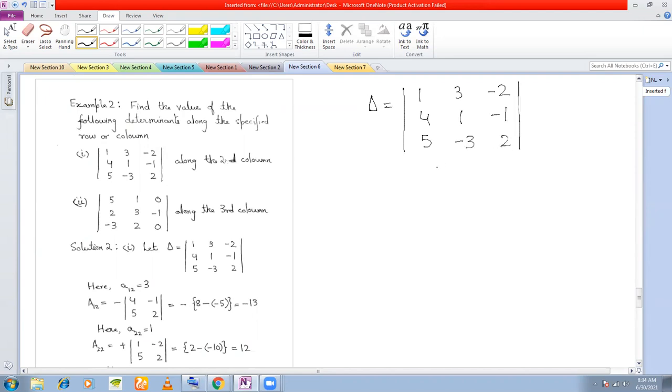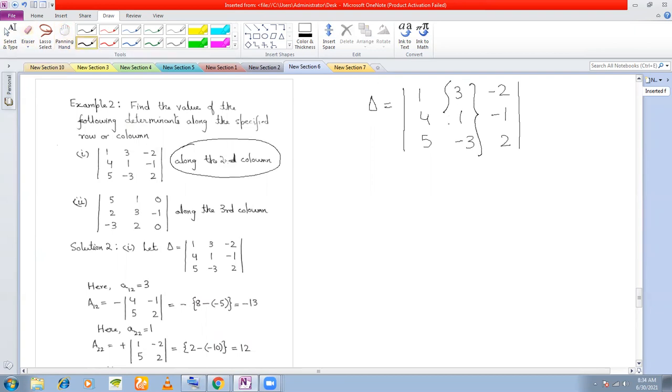We want to find its value along the second column. You can find it along any row or any column you want, but we have chosen the second column here.